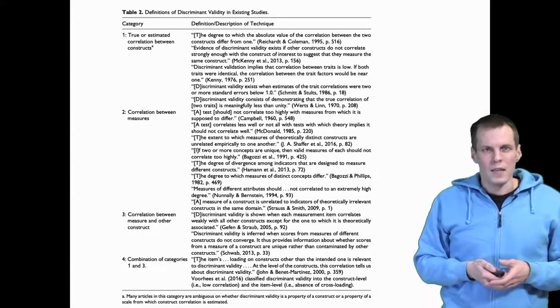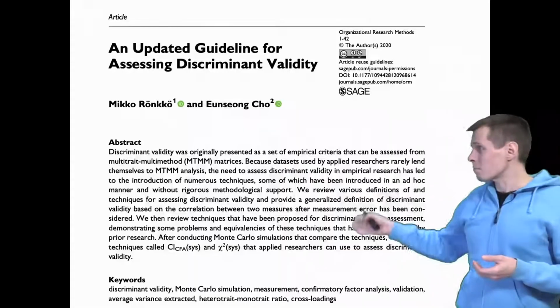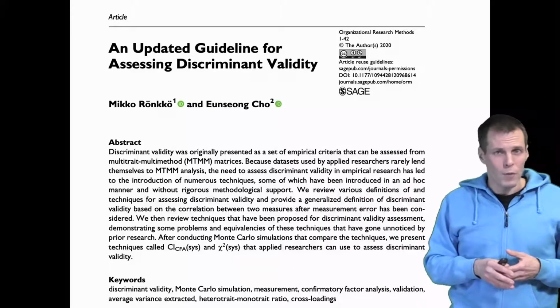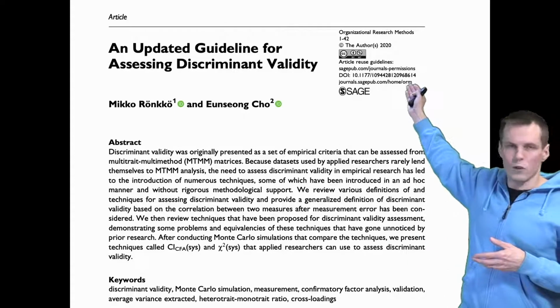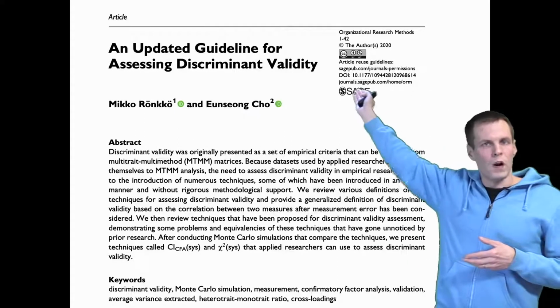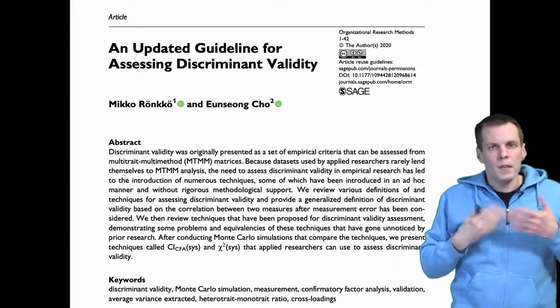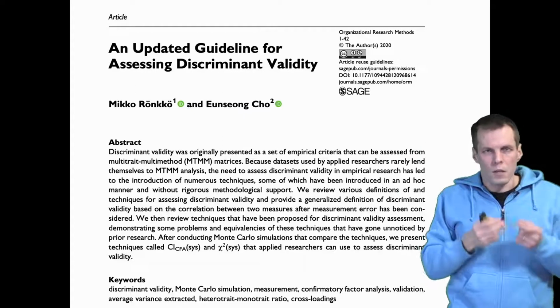To make sense of all this mess, Joe and I wrote a paper in Organizational Research Methods, and it's open access. You can download it from the journal website or using this DOI number here. In the paper we go through the definition of discriminant validity.